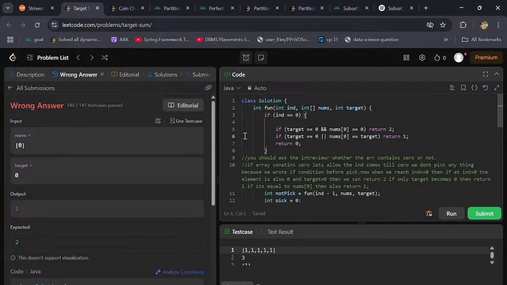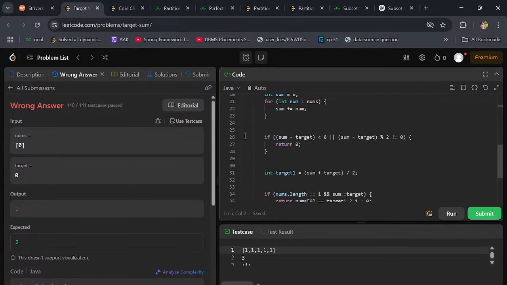I don't know why it is returning 2, or it has to return 2, right? Expected 2 first, if case has to be executed. Why is the second executing? Should we write the base case something like that?